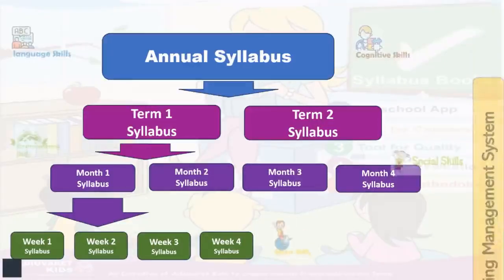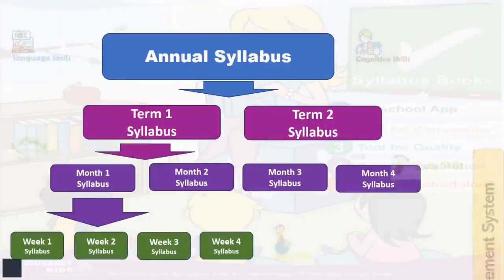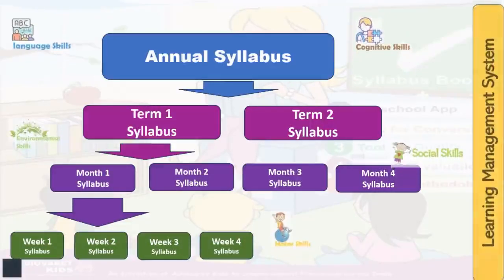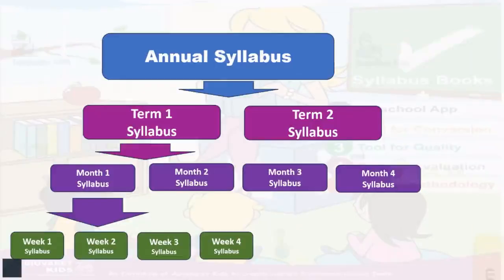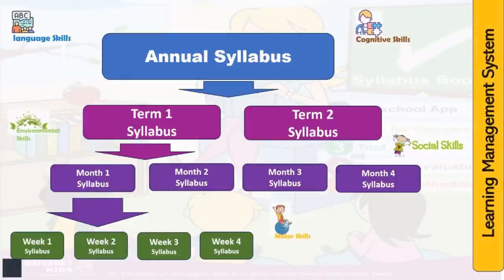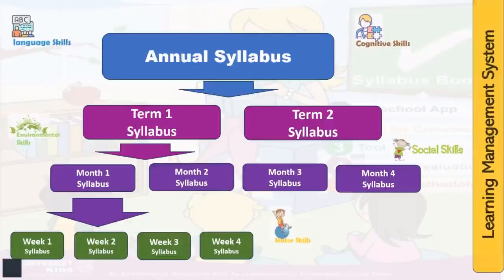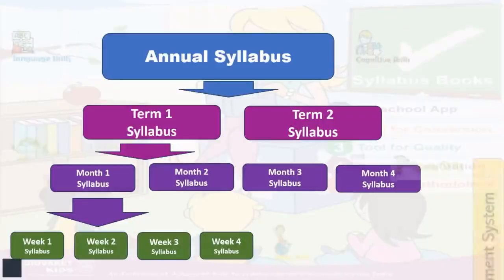Now, why do we do this? As we know, the monthly syllabus is a little bit larger and we cannot give focused attention to how we can take those portions of the syllabus to a classroom setting in a month's time.